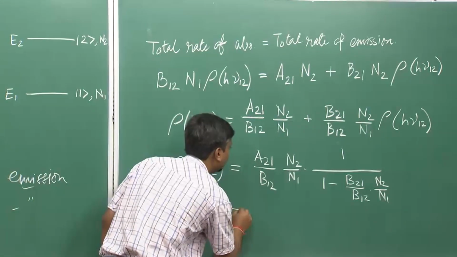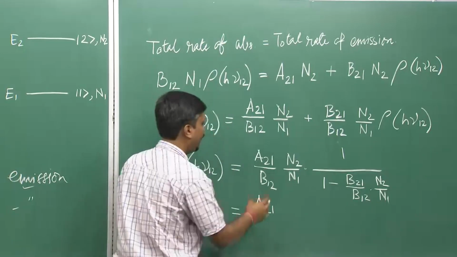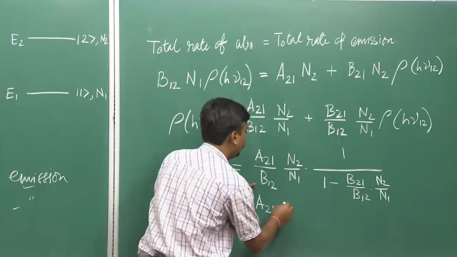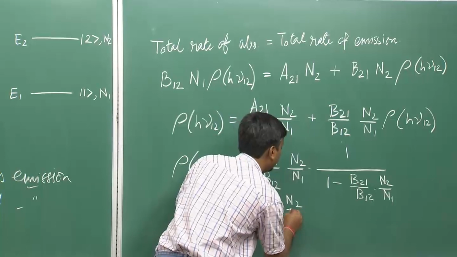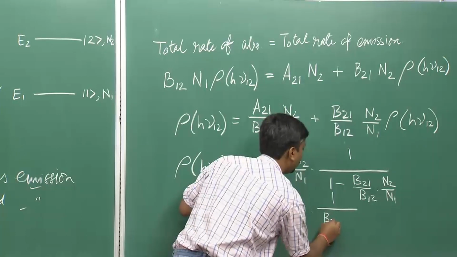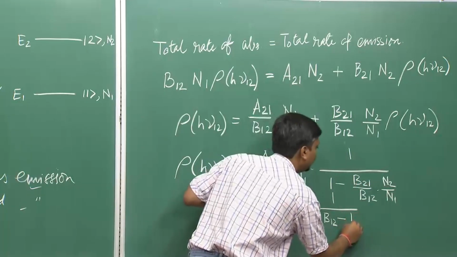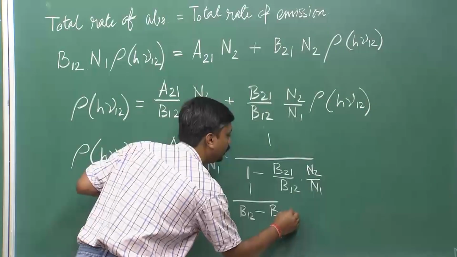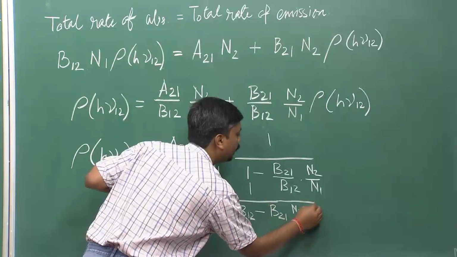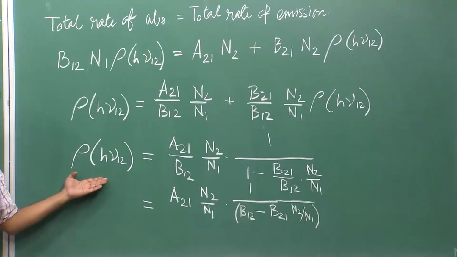If I rewrite this, it will be A21, and for the time being let us take this B12 here, so it will be N2 by N1 multiplied by B12 minus B12 into this quantity, so it becomes B21 into again N2 by N1. This is equal to my rho.